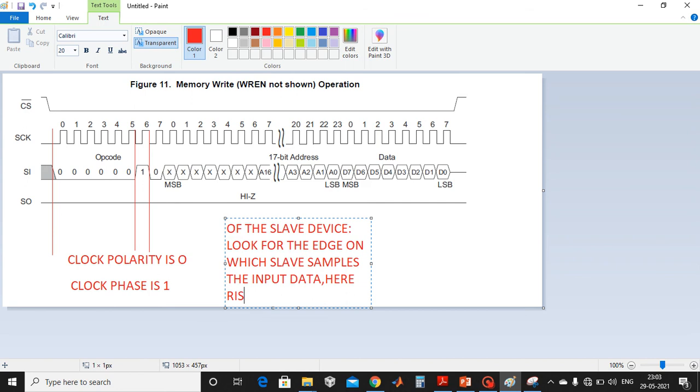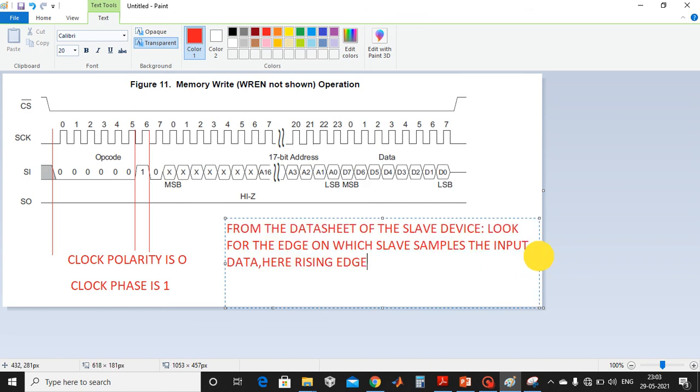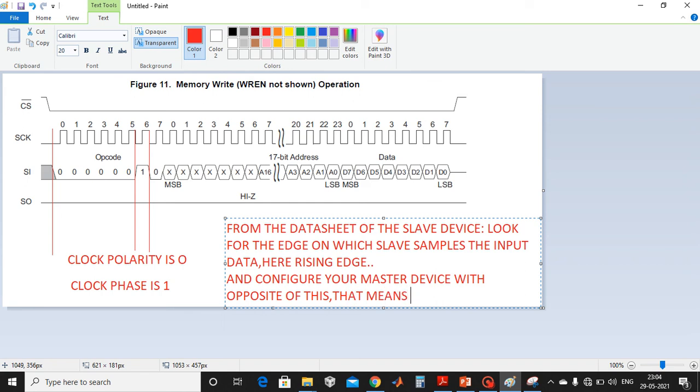Here rising edge, and configure your master device with opposite of this. That means falling is here.